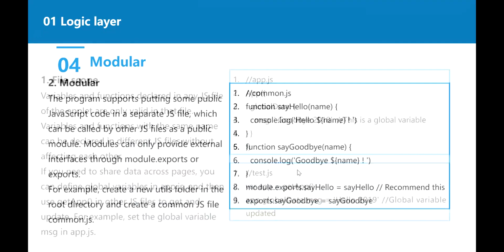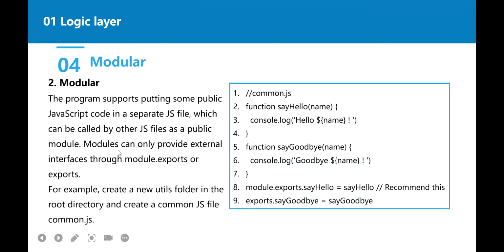And then for the modular, the program supports putting some public JavaScript code in a separate JS file, which can be called by other JS files as a public module. Modules can only provide external interfaces through module.exports or exports.